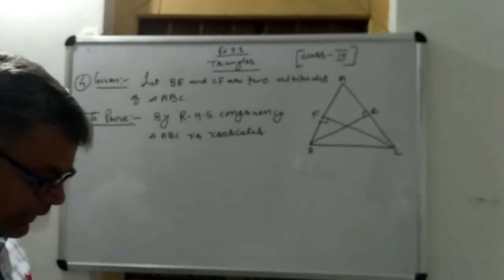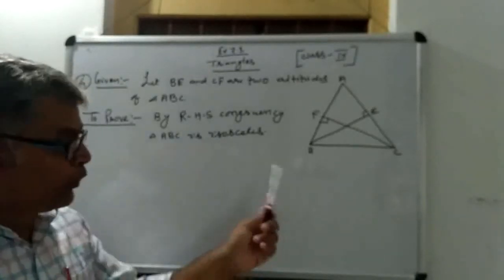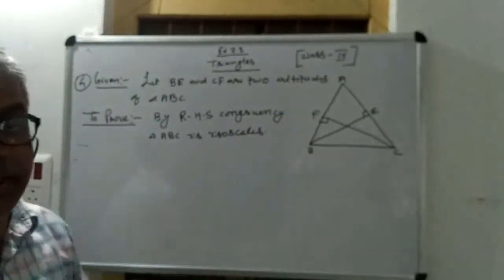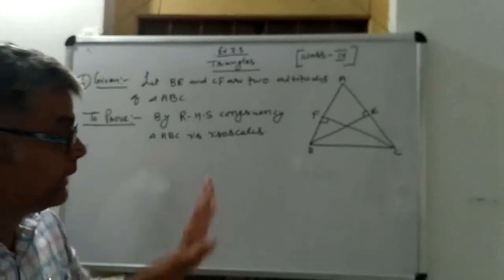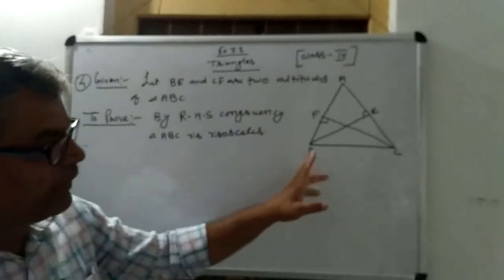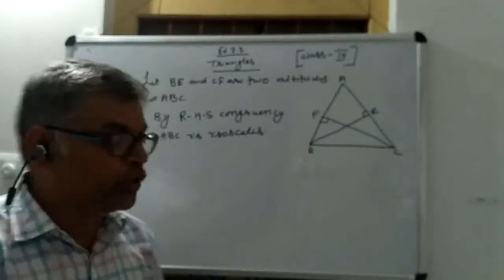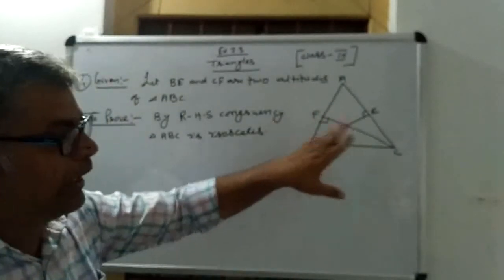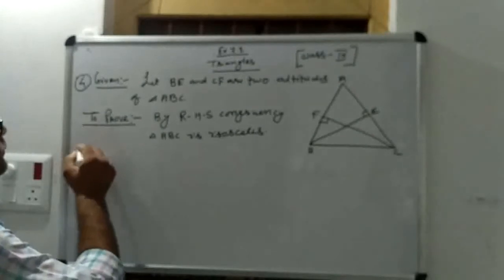It means that you have to use only RHS congruency to prove triangle ABC as an isosceles triangle. This is the question, and it is given that BE and CF are two altitudes of triangle ABC. Let's see how this can be solved.